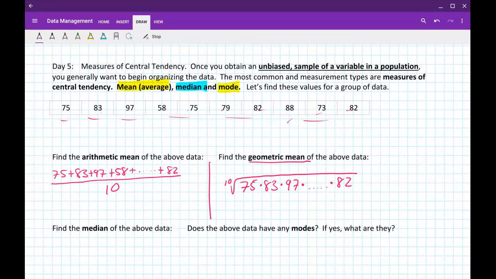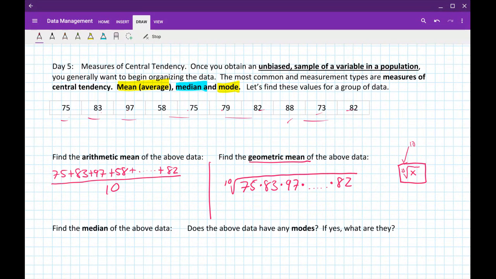To take the 10th root on your calculator, oftentimes calculators have a button that looks like y and x, where it's like a square root but you can choose the root. So you can choose to put a 10 there, for example, or a 15, or whatever you want.